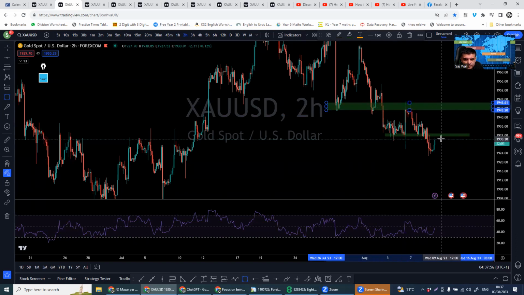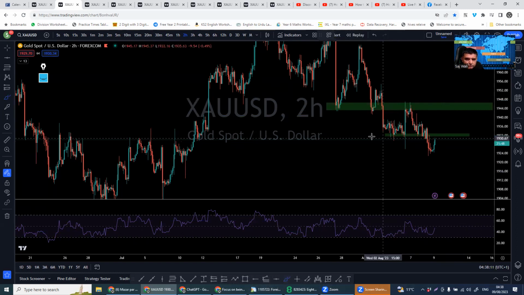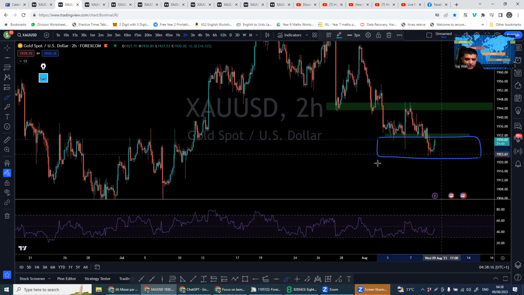Then it will become bullish. At the moment, we have 1922 and 1932. This 100 pip gap is where the market is, within this 100 pip range.